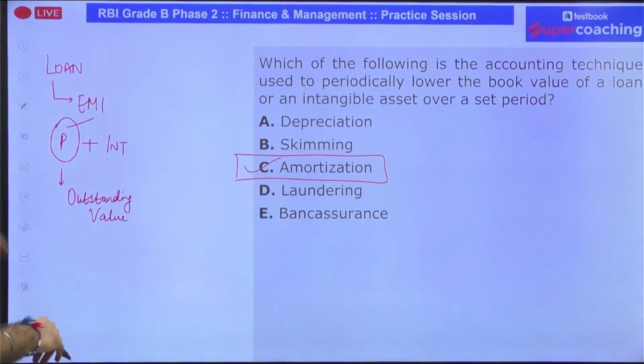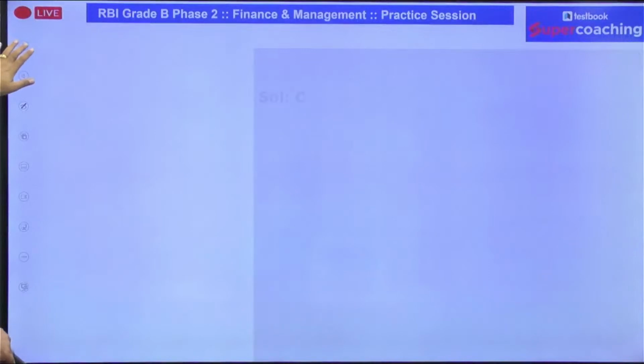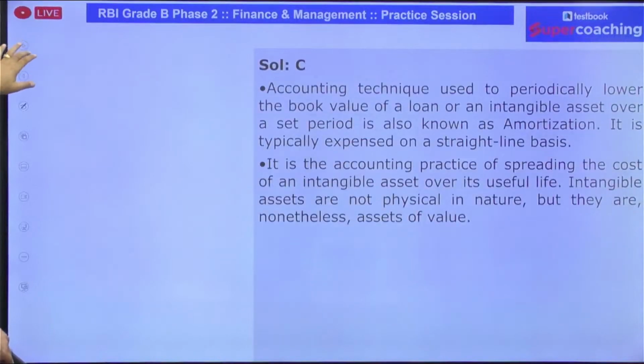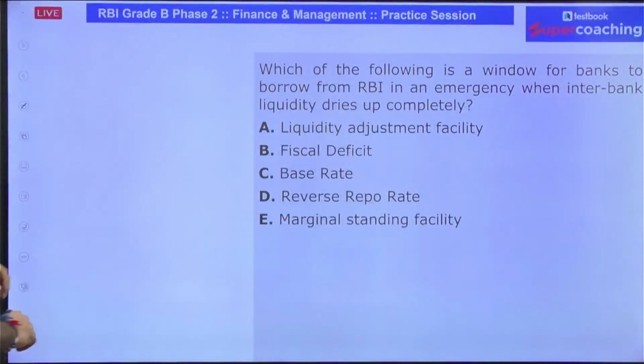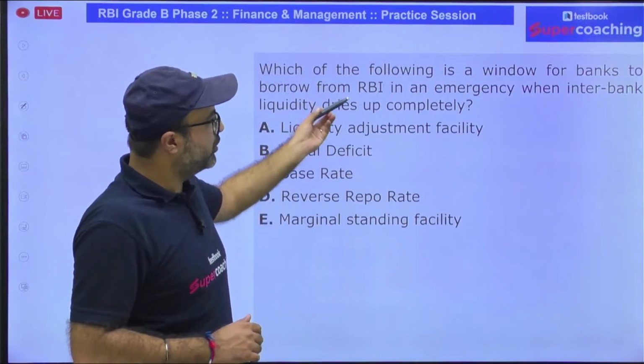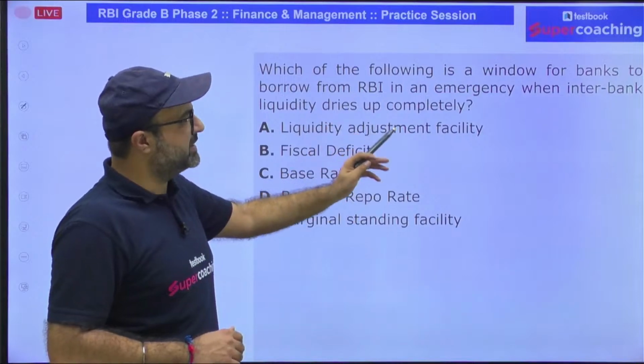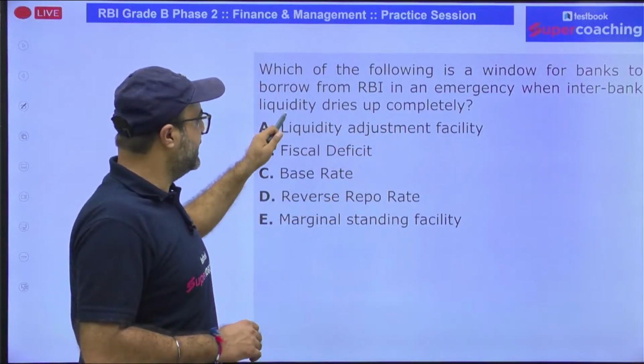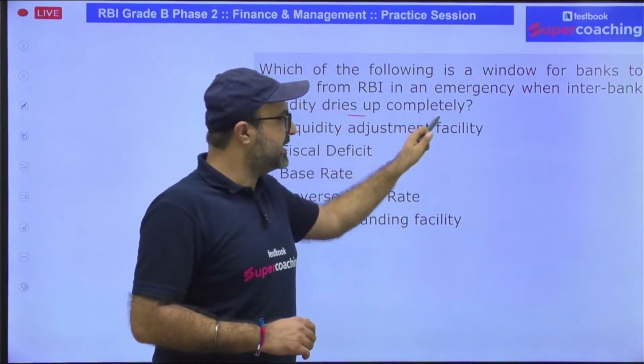Okay, moving on to the next question. The next question says, which of the following windows for a bank to borrow from RBI is an emergency when interbank liquidity dries up completely?